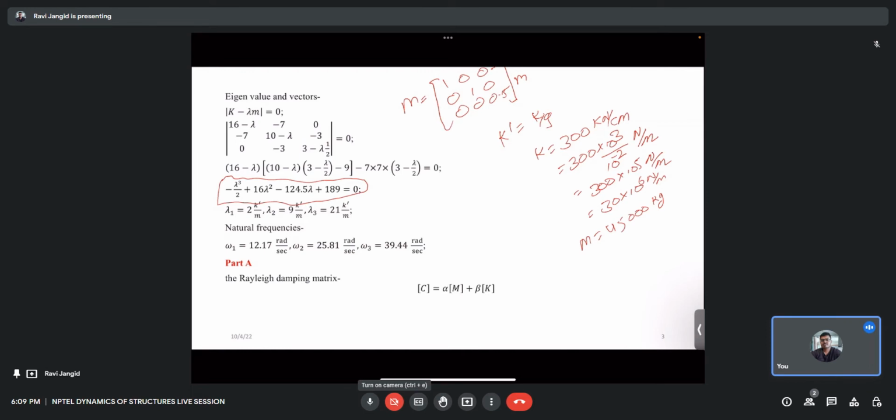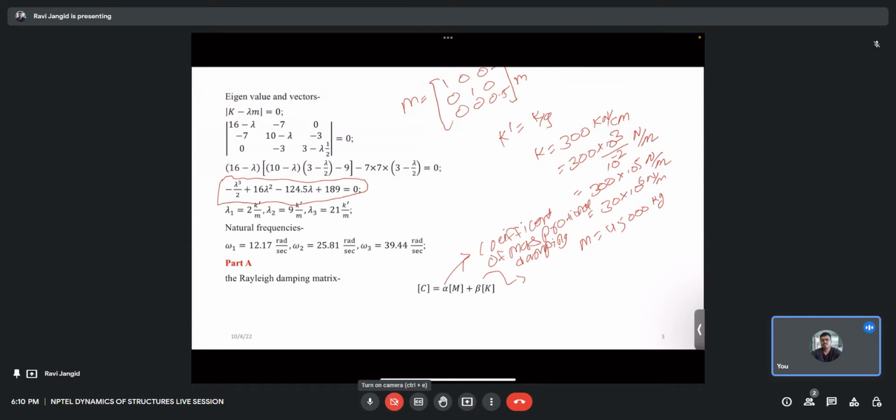That is C is equal to alpha m plus beta k, where alpha is the coefficient of mass proportional damping, and beta is the coefficient of stiffness proportional damping.